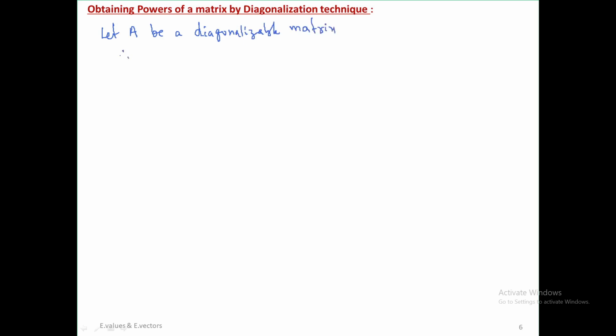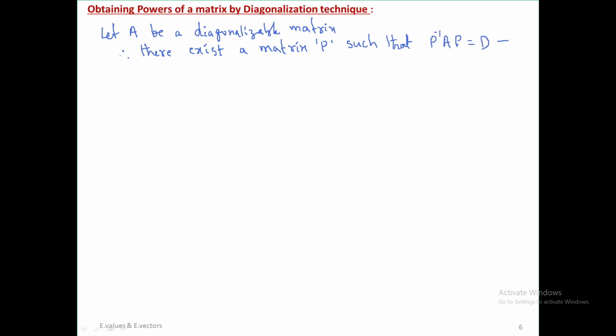So therefore there exists a matrix P such that P inverse into the given matrix A into P is equal to a diagonal matrix.